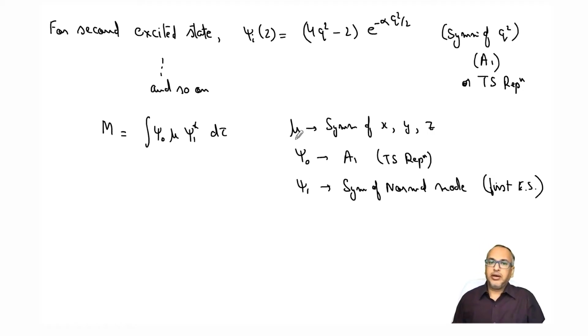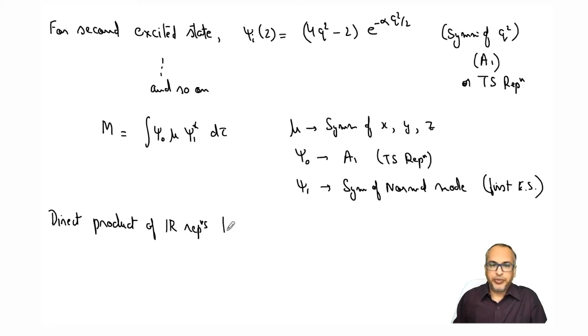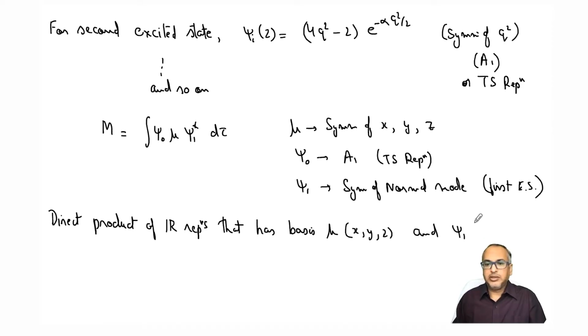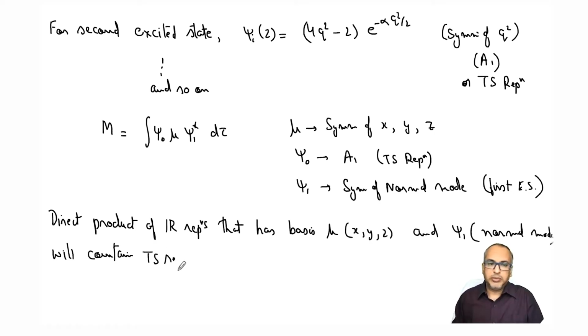Now these will contain the totally symmetric representation. The direct product of the irreducible representations that have as basis mu, which is x, y, and z, and psi 1, which is the normal mode, will contain the totally symmetric representation, again coming from direct product application, if and only if, let us call this tau mu and this tau psi 1, tau mu is equal to tau psi 1, right?